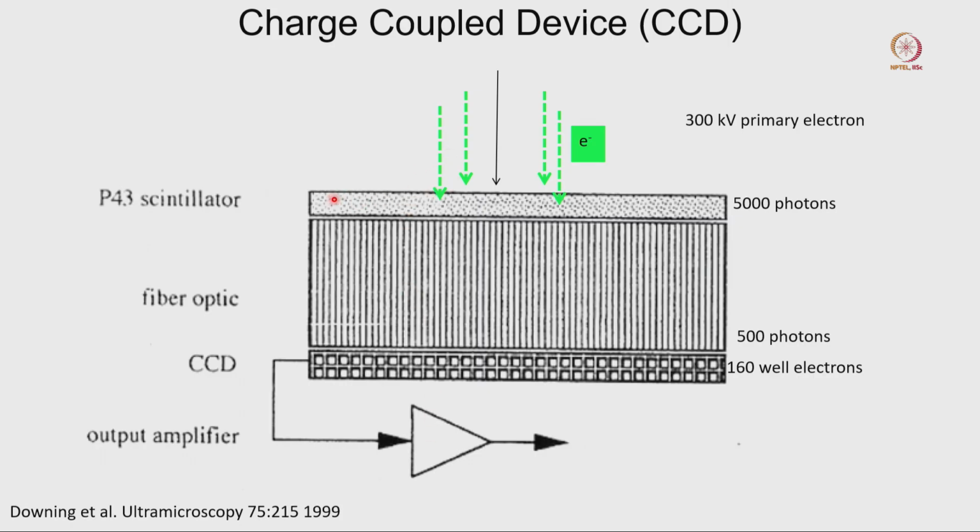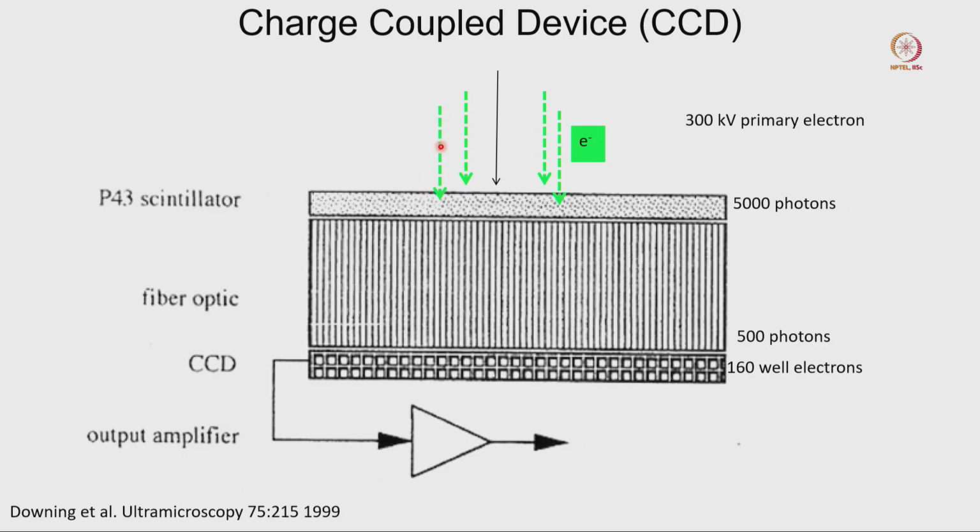Now, whenever an electron interacts with the scintillator, it will generate some kind of signal, which travels through this. One of the major problems is that there is a long distance it has to travel. While traveling, some of them deviate in a different direction.